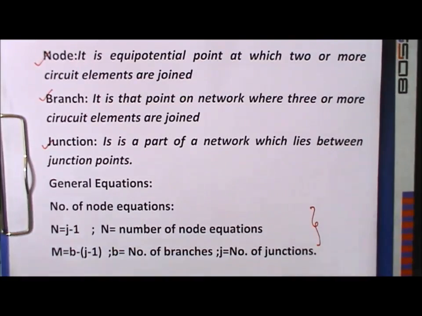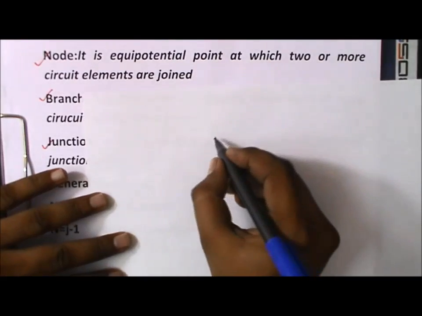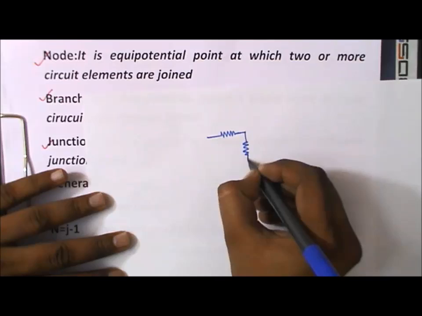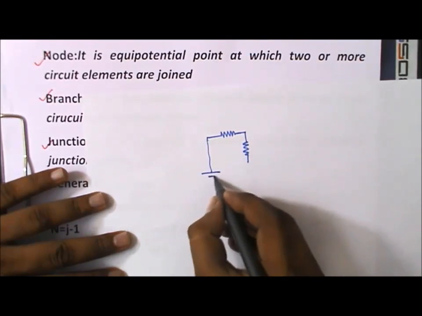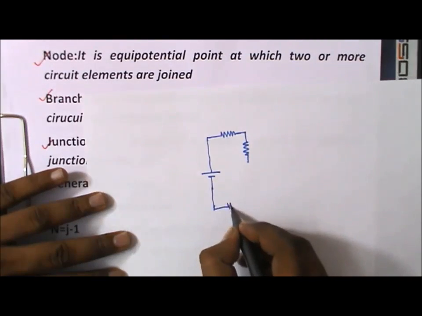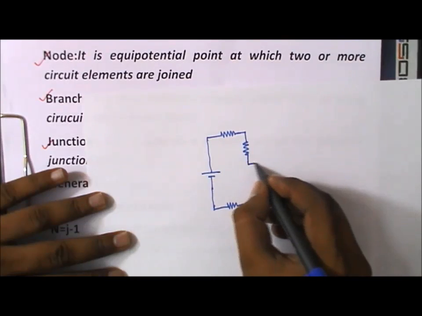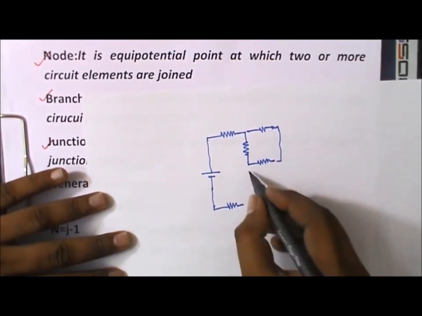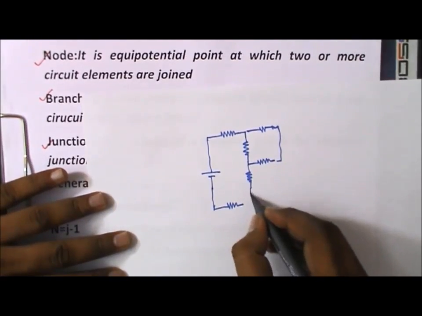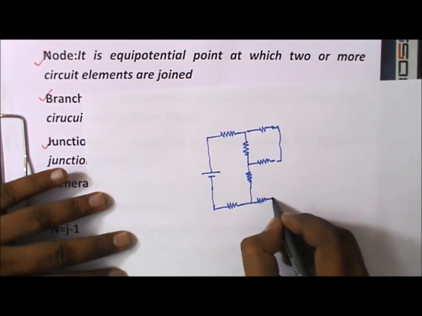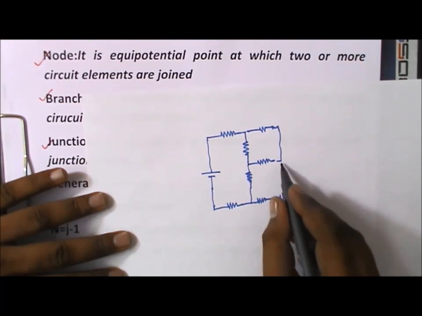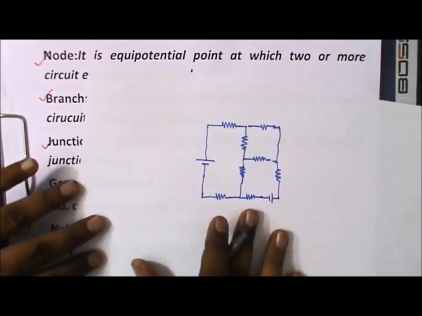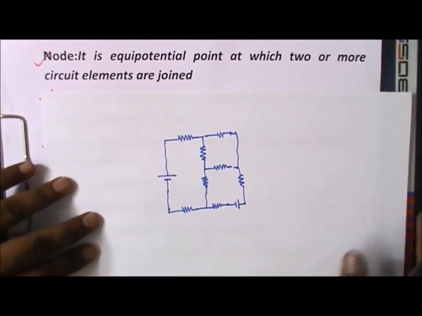Let us suppose a circuit is like this, and we have to find the nodes.